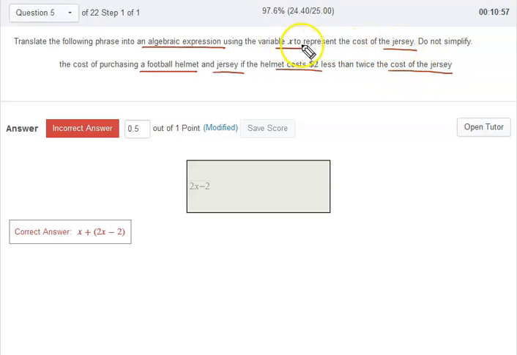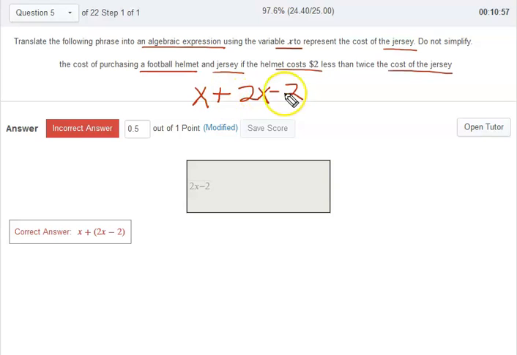So what did we say the jersey costs? Well, they're saying the jersey costs X. Now, what's the cost of the helmet compared to this X? Well, it will be twice the cost of the jersey. That would be 2X, and then $2 less than that.